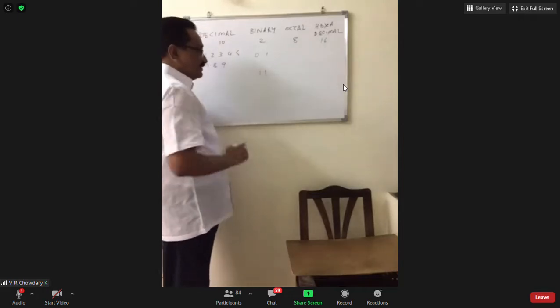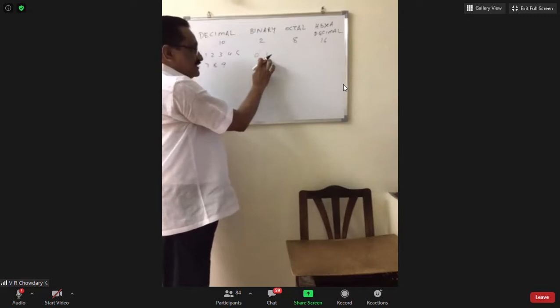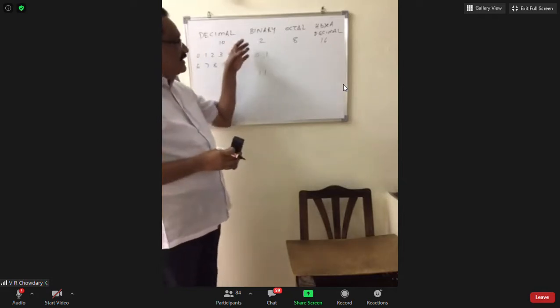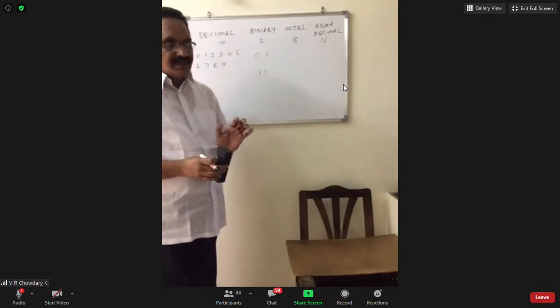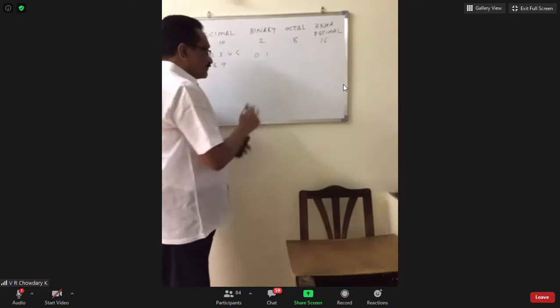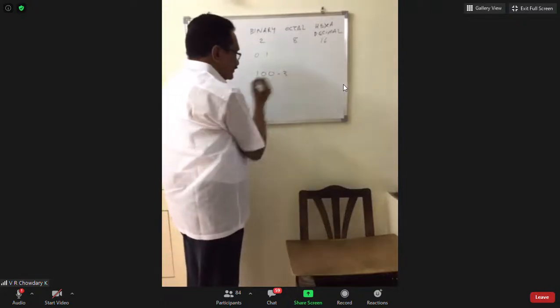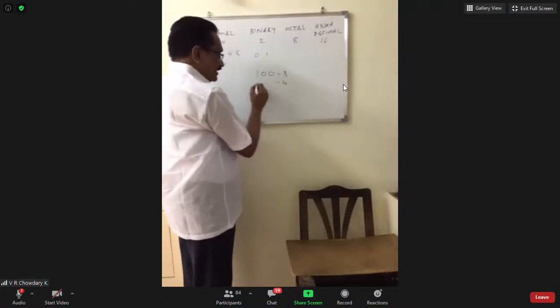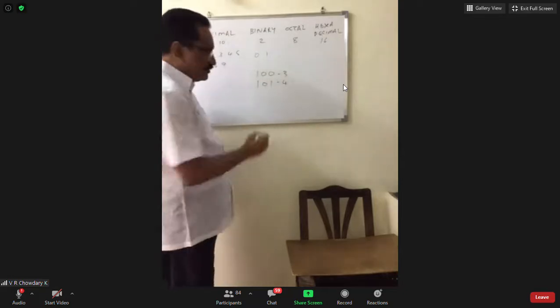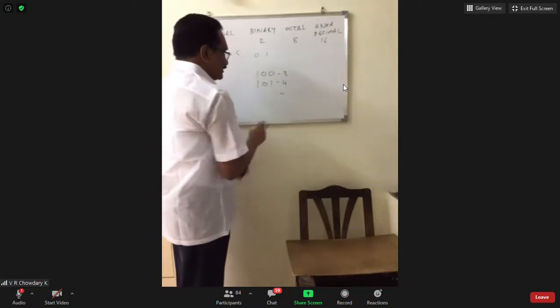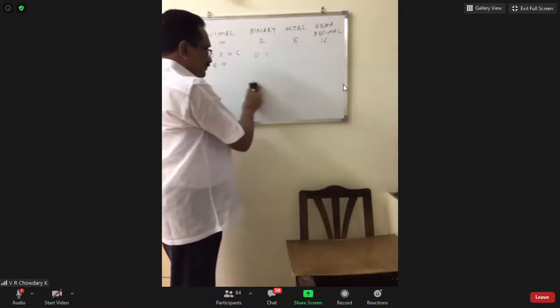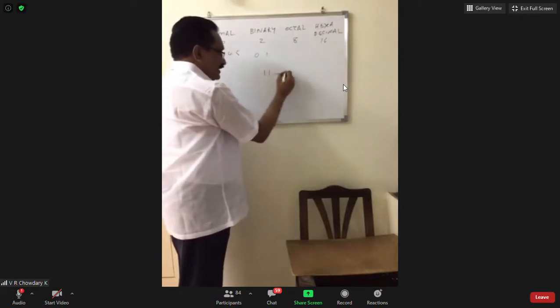In the case of binary number system, three quantities are represented by 1 and 1, that means the second digit followed by the second digit. So in the binary number system, three quantities are represented by 1, 1 only.